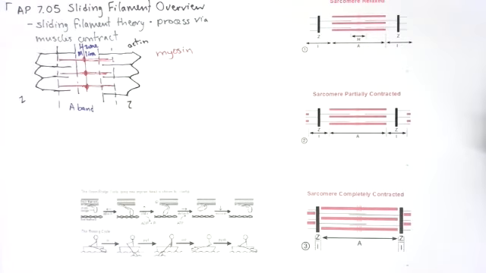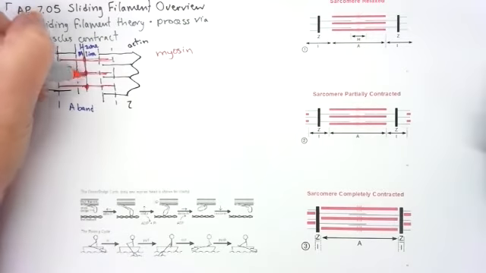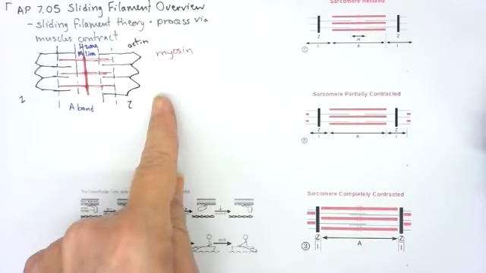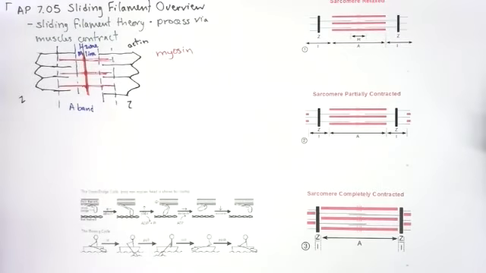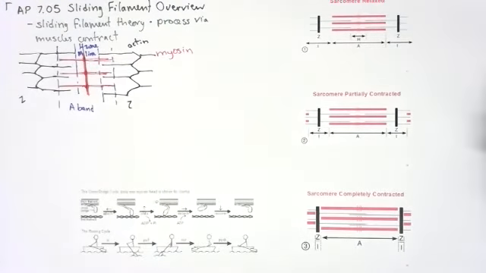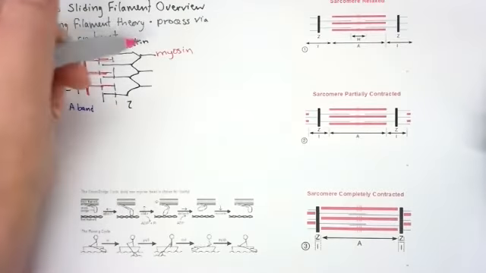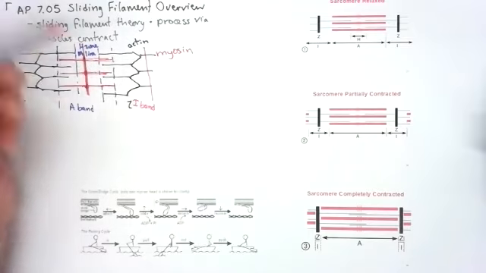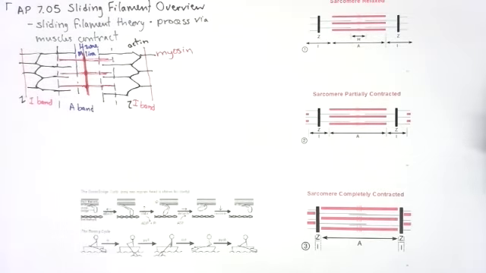So I've got this M line. And this would extend, so the actin goes both ways. Where it is just actin, that is an I band.